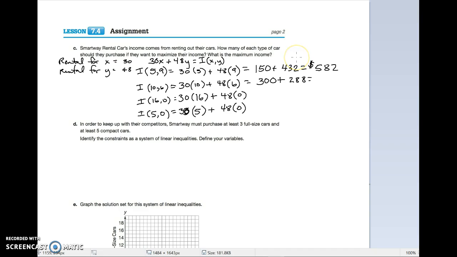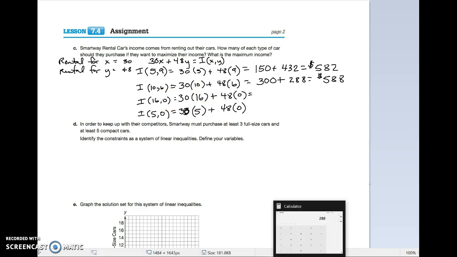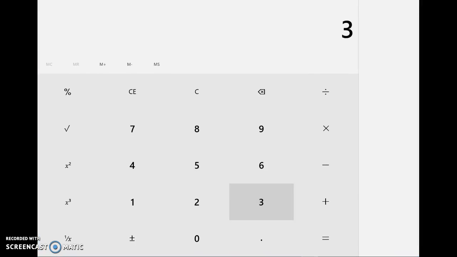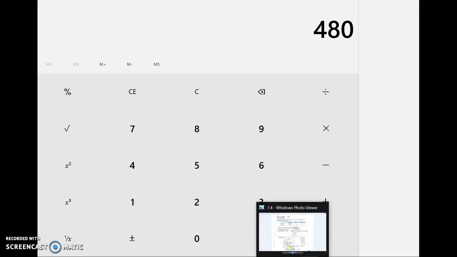And we add those together and we get $588. And the next one, 16 and 0. We have 30 times 16. That's 480.